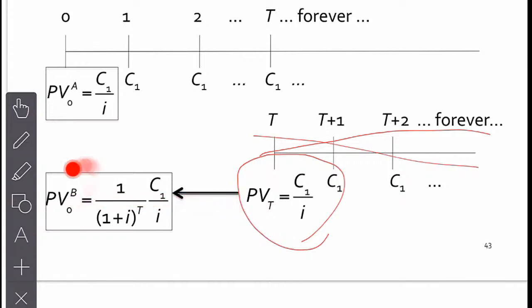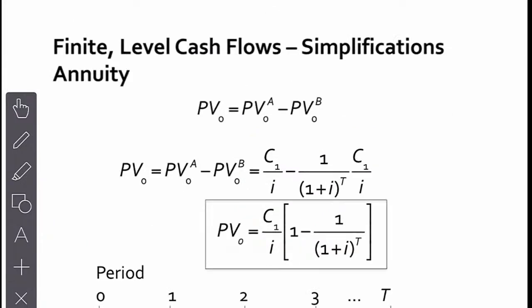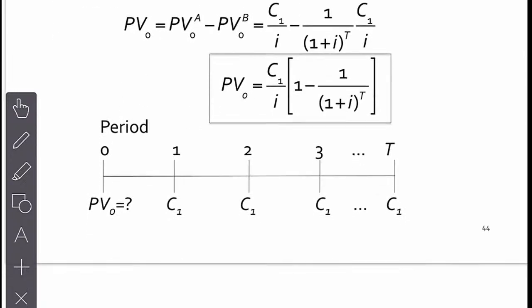I'm going to label it B, like part 2 or part B. I'm going to label the entire perpetuity part A. And what I want to do is subtract this from the whole perpetuity. And that's where the annuity formula comes from. Watch here. I'm going to take the A part, the perpetuity, and subtract off the present value of the future perpetuity. And that's where that formula comes from.